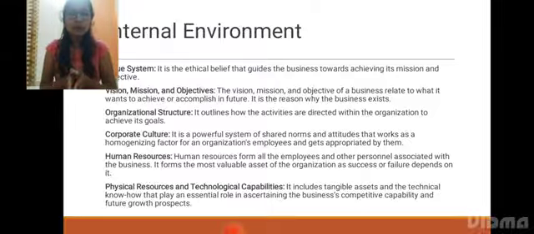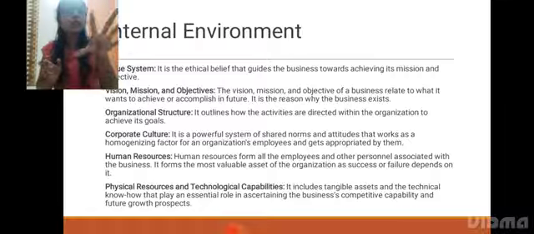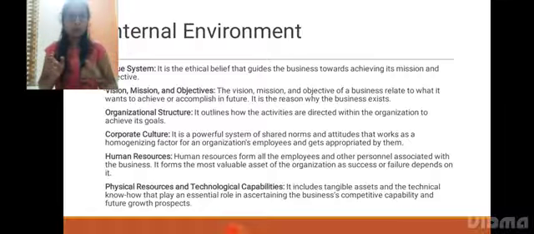So it is an ethical belief that guides the business towards achieving its mission and objective. Every business follows ethical things. Ethics is nothing but what is right, what is wrong, what should be done and what should not be done. So every business operates under a value system. Every business has its own values. And before starting a business, it is important to establish values, which we can control somehow.